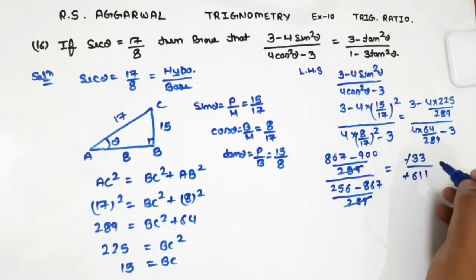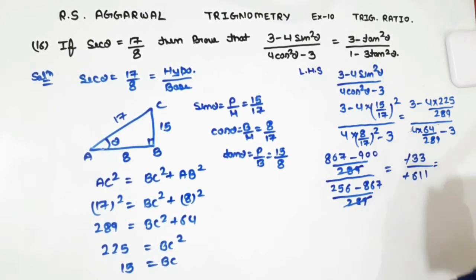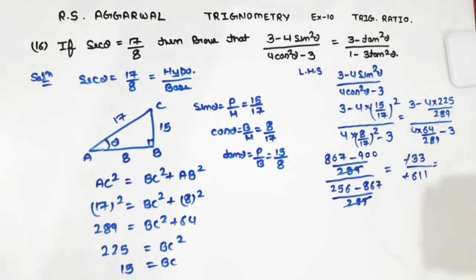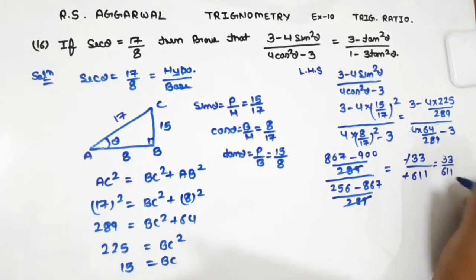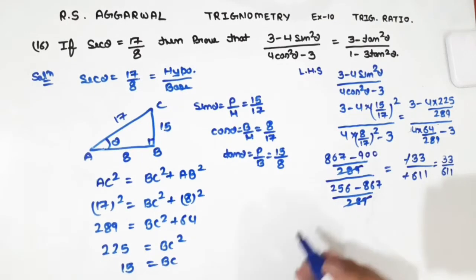The minus signs will cancel out. So this will be 33 upon 611.